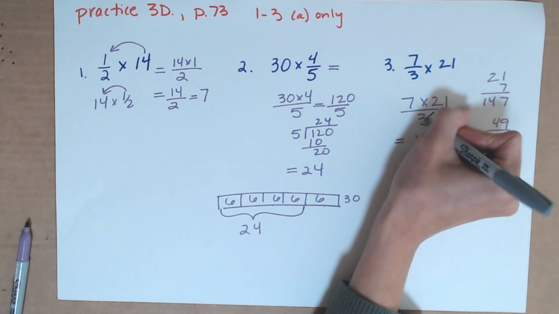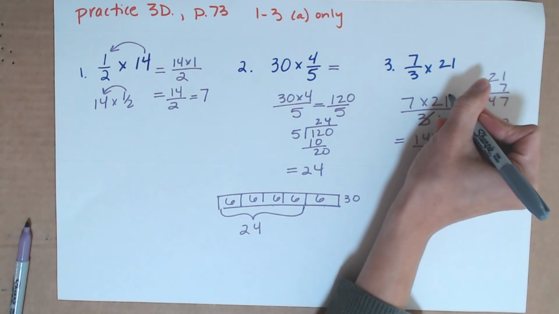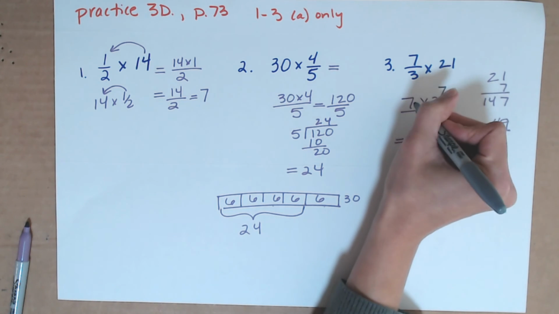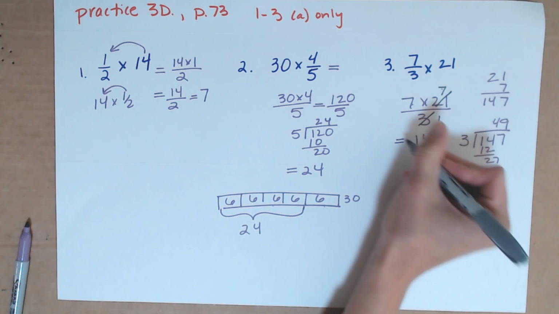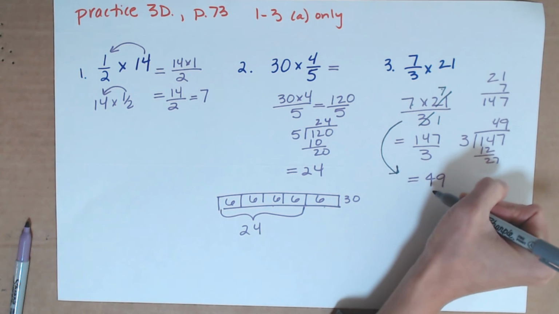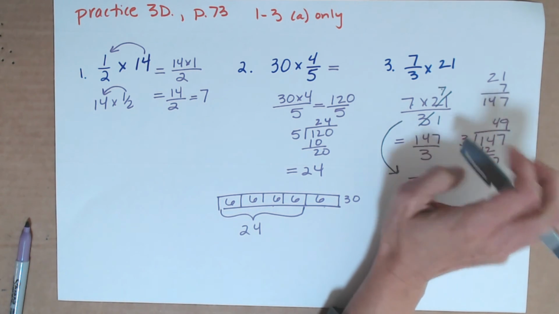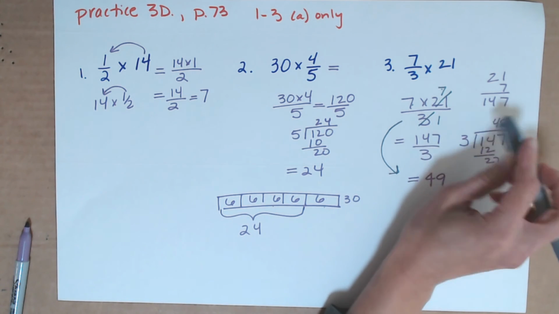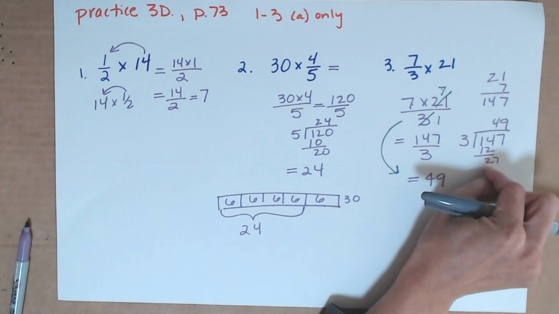We divide 3 by 3, we get 1. 21 we divide by 3, and we get 7. So we end up with 7 times 7, which is 49. So it would have been much simpler to simplify before we multiplied. Then we wouldn't have needed to do this long division over here.